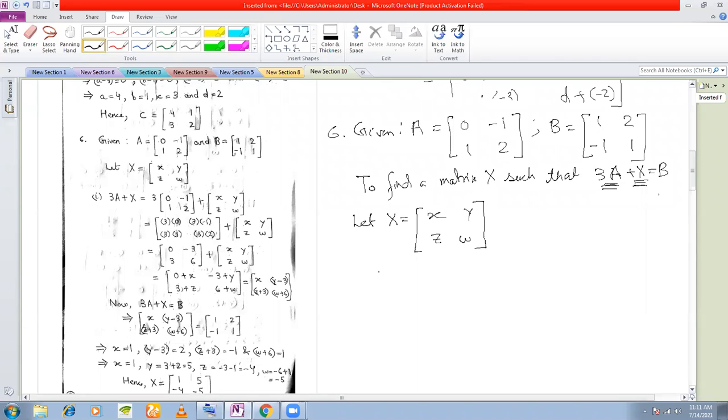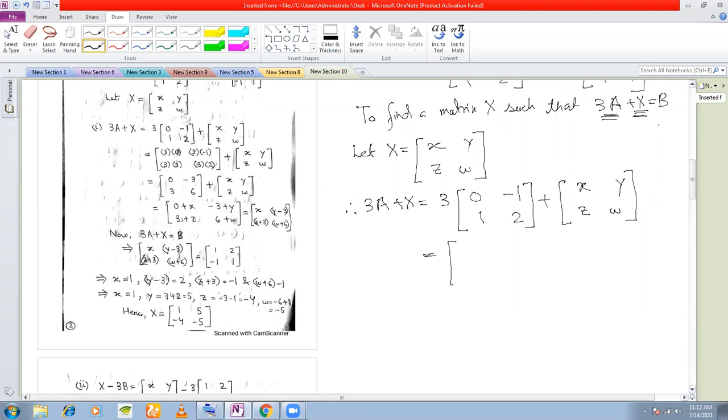Let's start with 3A plus X, which is 3 times A, that is 0, minus 1, 1, 2, plus X, Y, Z, W. Multiply this: 3 into 0 will give you 0, 3 into minus 1 will give you minus 3, 3 into 1 will give you 3, and 3 into 2 will give you 6, plus X, Y, Z, W. Now how to add these two matrices? 0 plus X will be X. This will be minus 3 plus Y. This will be 3 plus Z. Put it in brackets so that you know that this belongs together.